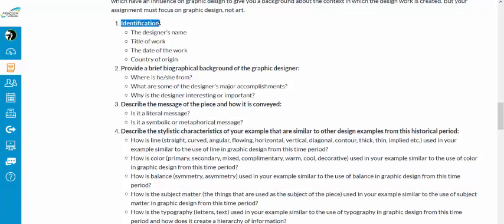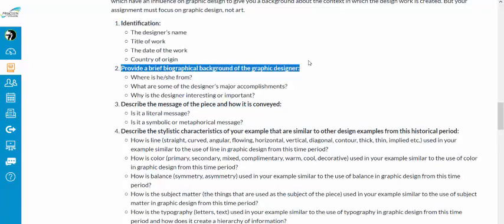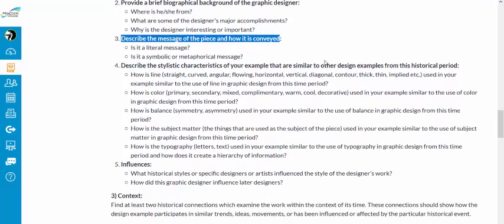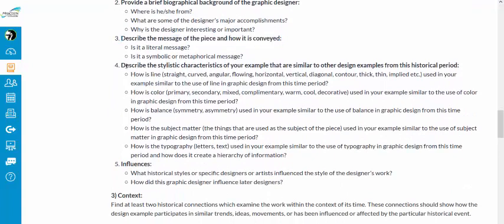You're going to identify the example. This week you may not have a designer's name, you may just have a publisher. You're going to provide a brief biographical background of the designer or the printing house that printed up your example. You're going to describe the message of the piece and how it is conveyed.